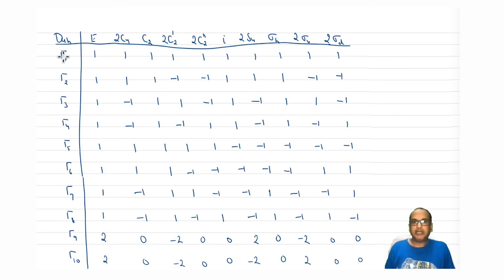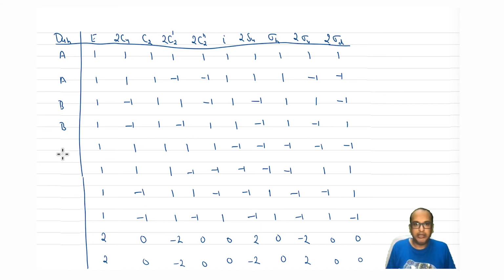The 1D representations, as we have learned earlier, have to be either A or B. Between A and B, it will be A if it is plus or symmetric with respect to the principal axis, which is C4 here. Otherwise it will be B, right? So I can say that this will be A, this will be A because it is plus 1 under C4. This one will be B.